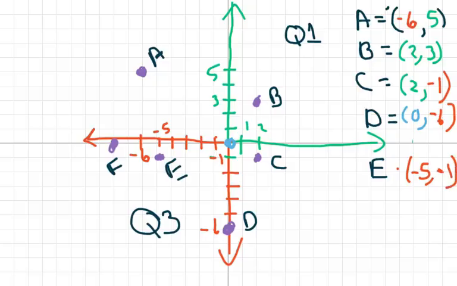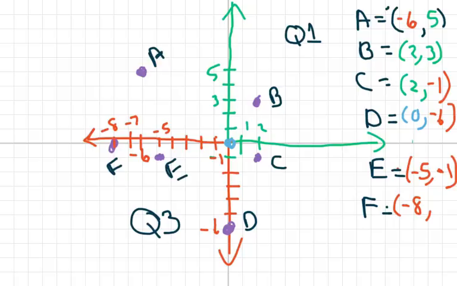All right? And F, it's probably hard to tell, but F is on the line here. It's hard to draw on an iPad. And this would be -6. So we do the X first. This is -7, so this would be -8. So my X is -8, but we aren't going up and down.